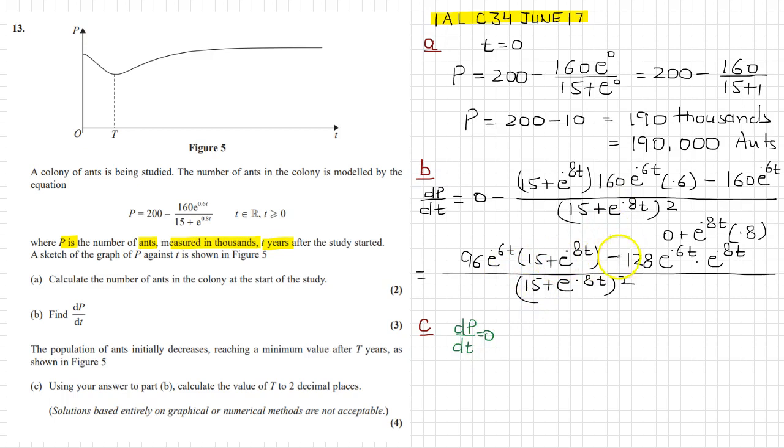So this implies that the numerator is equal to 0, so the denominator does not matter. So we only have 96 e to the power 0.6t, 15 plus e to the power 0.8t is equal to 128 e to the power 0.6t e to the power 0.8t.